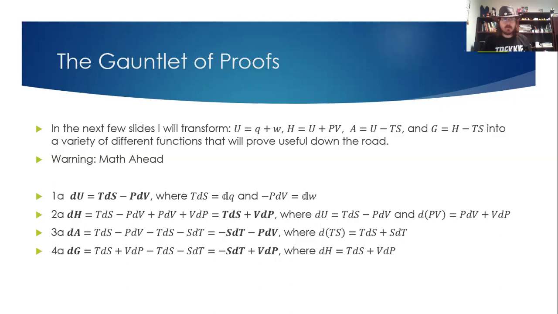Now, I have 1A, 2A, 3A, 4A, because each one is looking at a different setup. But we can follow 1A to 1B to 1C and 1D, and all those are going to be interlinked.